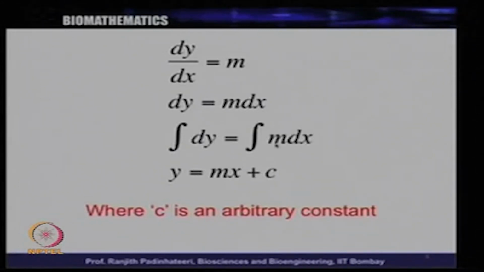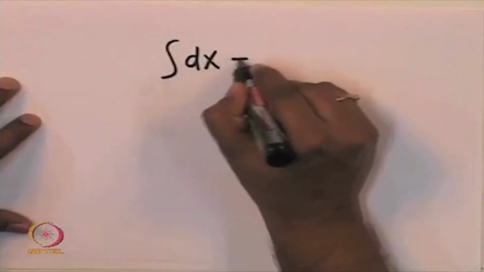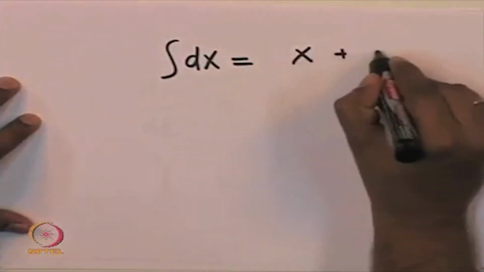Anytime you do such an integral, called an indefinite integral, and we will distinguish between indefinite and definite integrals soon, the first thing to remember in integral is that the integral of dx is x plus a constant.